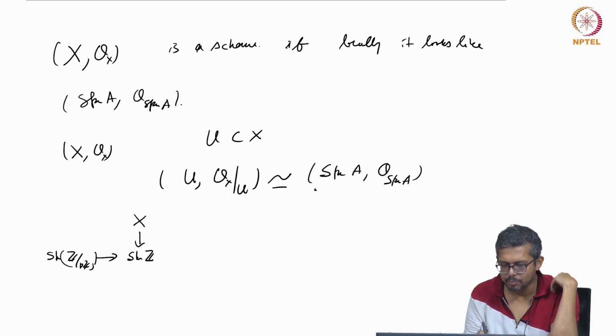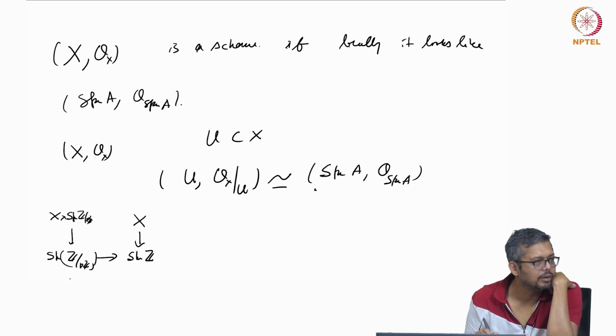Now you can do the base change. Whatever object you get here, X cross spec of Z mod pZ, this object is defined over F_p, a finite field. Though this is over spec Z, you can reduce your thing to a finite field or a field of characteristic p.